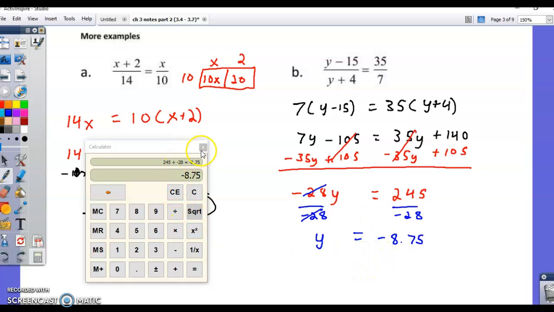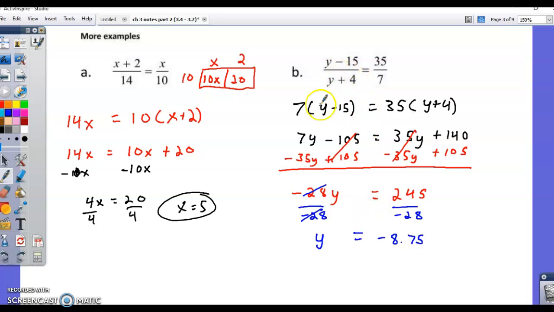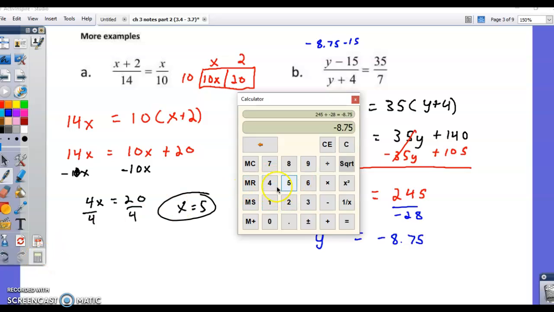So basically what this means, if you wanted to check this, you could substitute this in for y. So if I did negative 8.75 minus 15, that gives me negative 23.75.